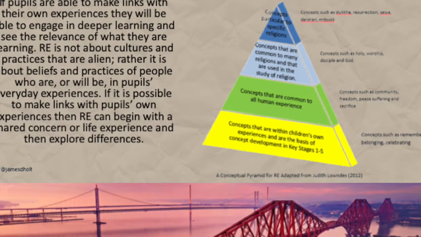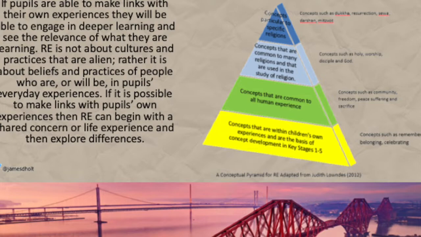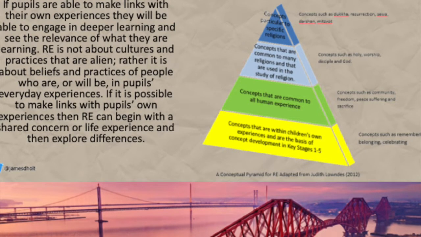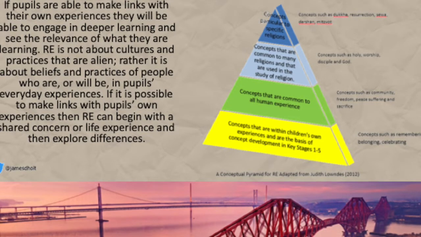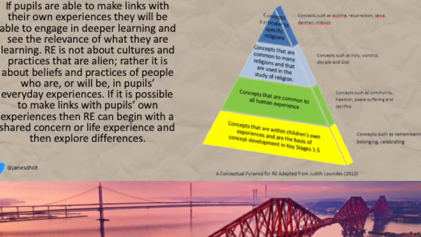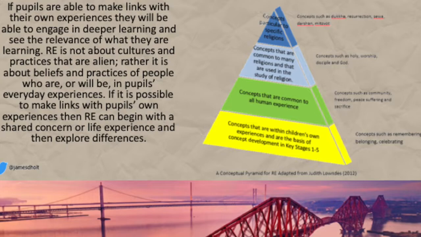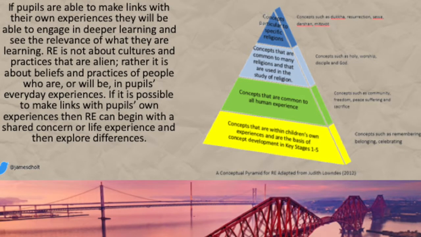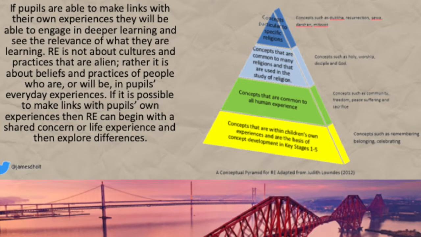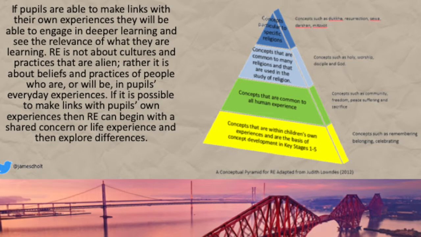And then the lower 3 are concepts that are common to many religions, concepts that are common to all human experience. But essentially, where we start with most things are with concepts that are within the children's own experiences and are the basis of concept development. So we use things that children will have experienced, and we begin with things that are in the children's own experience, and then we take those and we build on them.